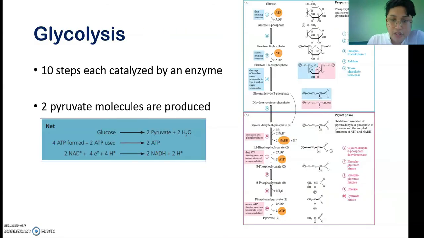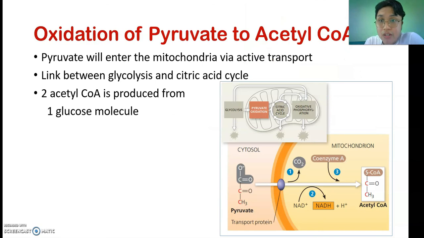So, after your glucose converted to pyruvate, yun nga yung glycolysis, your pyruvate will now be oxidized to acetyl-CoA. So, pyruvate will enter now the mitochondria via active transport. So, galing sa cytosol, papasok ngayon inside your mitochondria.